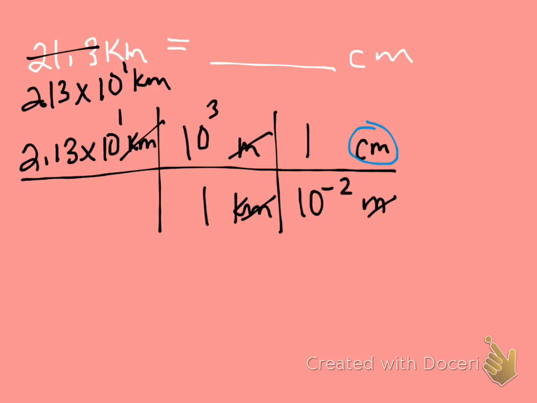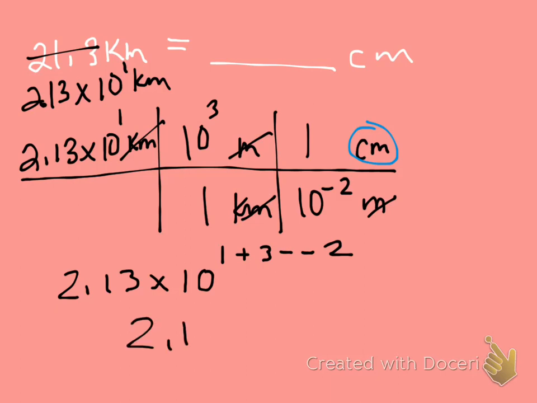Okay, so now I do 2.13 times 10 to the 1 plus 3 minus negative 2. So what's my power of 10 going to be when I'm all done? 6. Yep, 4 plus 2, 10 to the 6th centimeters.